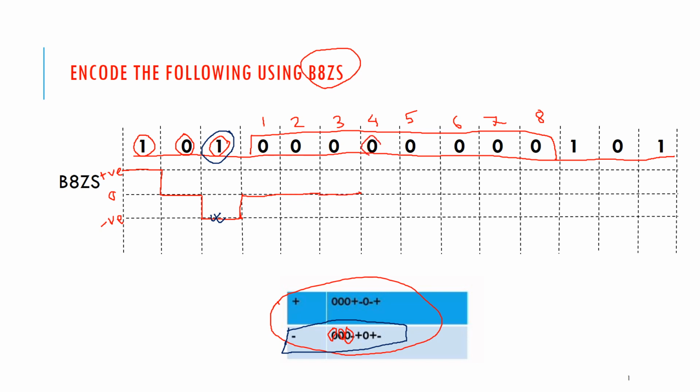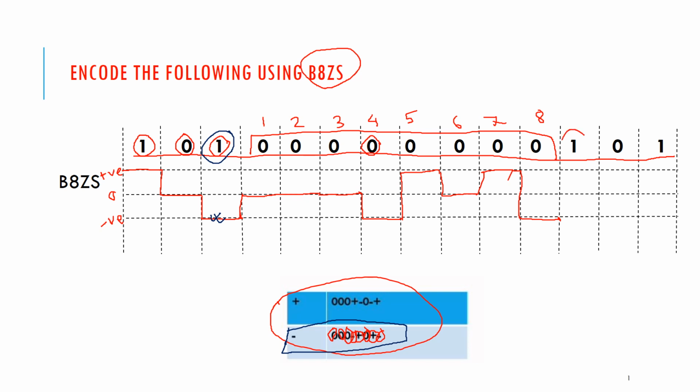Now the fourth 0 goes on the negative, the fifth 0 goes on the positive, the sixth 0 goes on 0, then my seventh 0 goes on the positive, then my eighth 0 goes on the negative. Then I'm done with my substitution. Notice that before the substitution my 1 was on negative, and when I'm done with the substitution the signal is back on the negative.